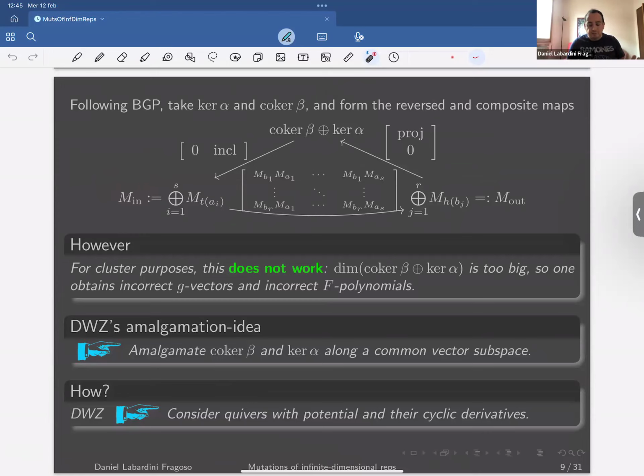That is, let's try to define it for modules over some quotient of the path algebra or the complete path algebra of the quiver.